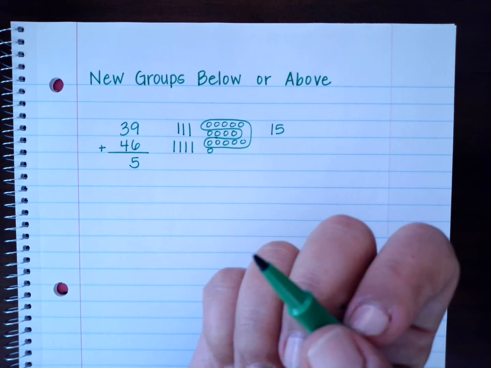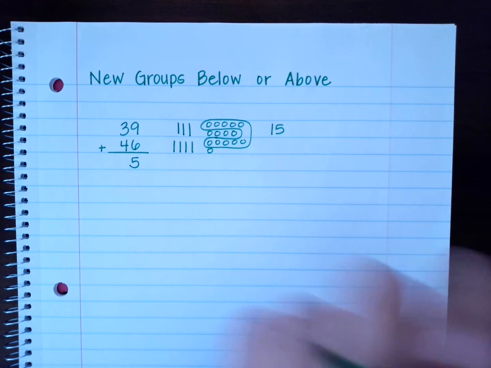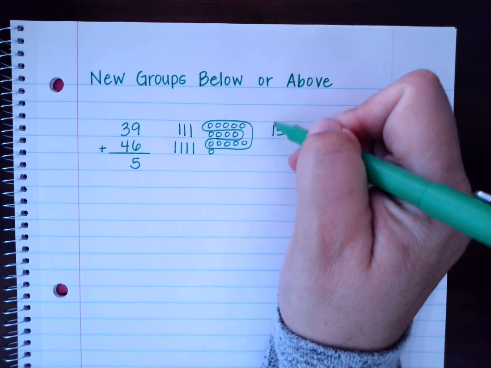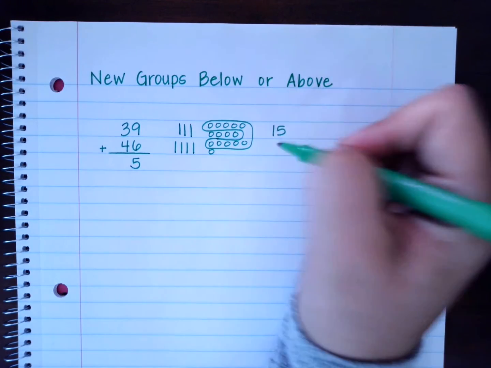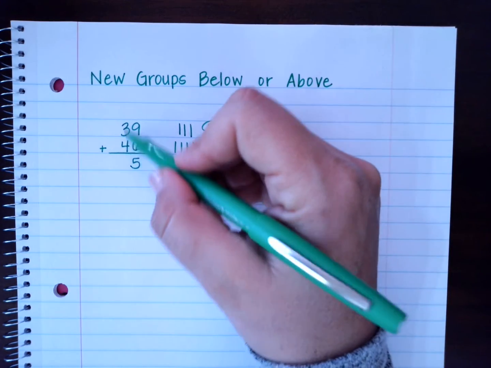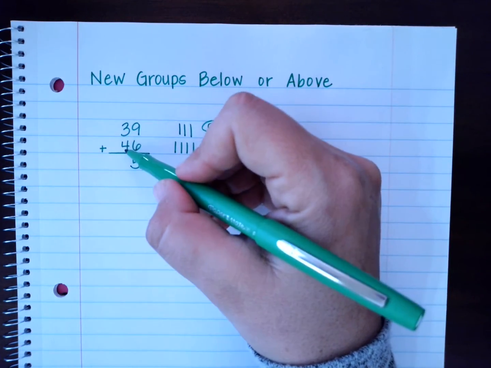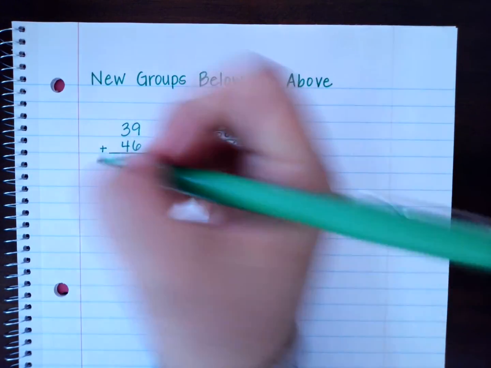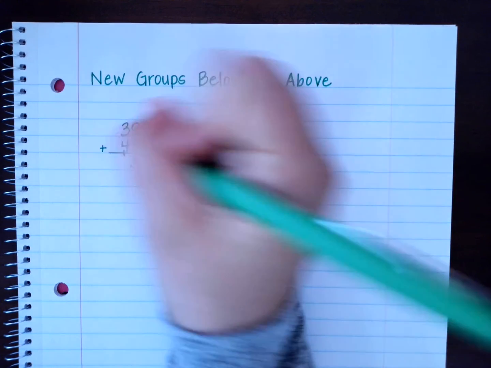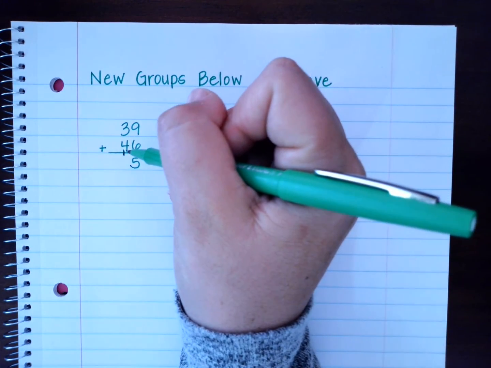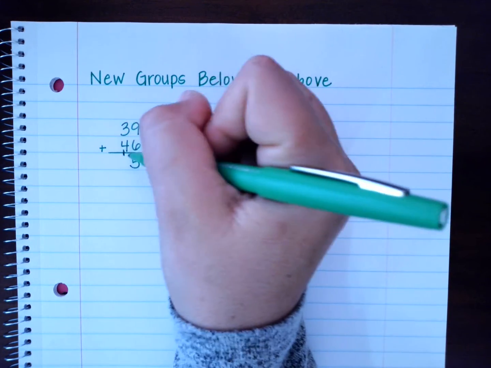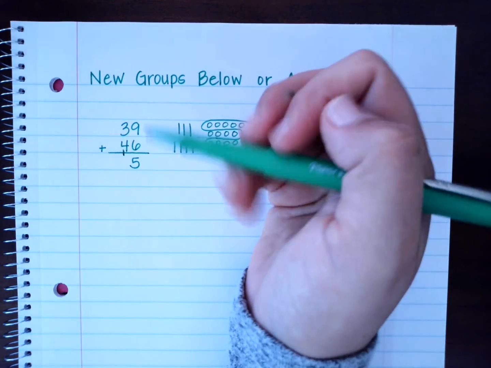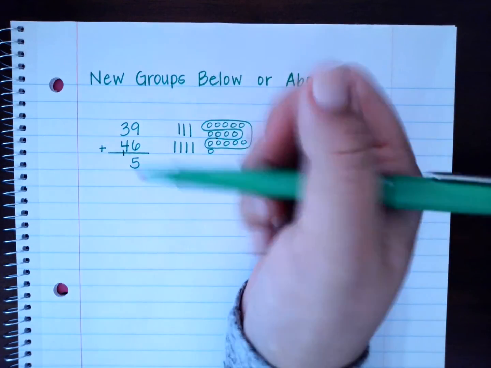Now, this method is called new groups below. So I have to put my new 10 somewhere. I'm going to take my new 10 and I'm going to put it in my tens town. So new groups below. So the 10 is my new group. It's going to go below my 4, right under, like right on that equal line. And then what I'm going to do is I'm going to add up my tens.